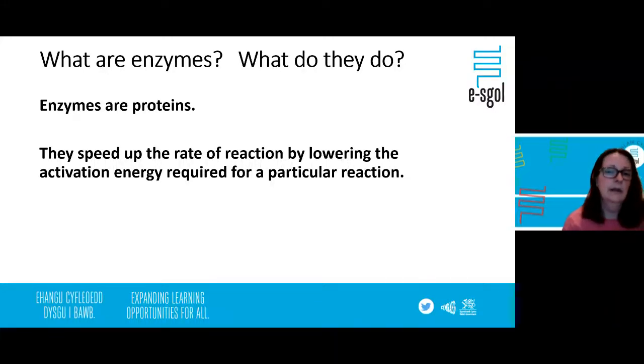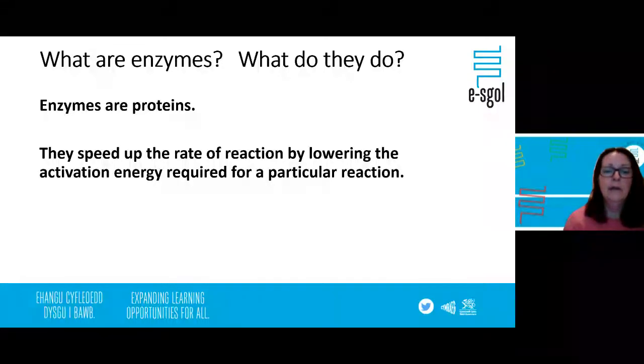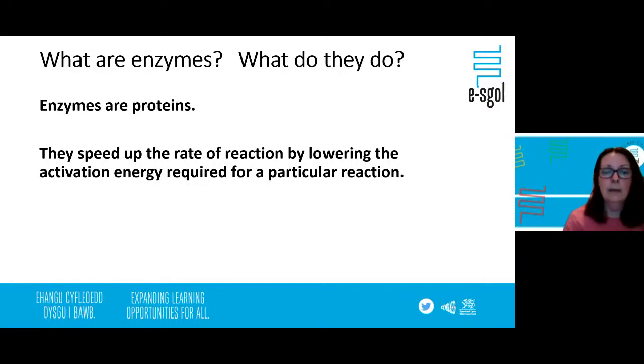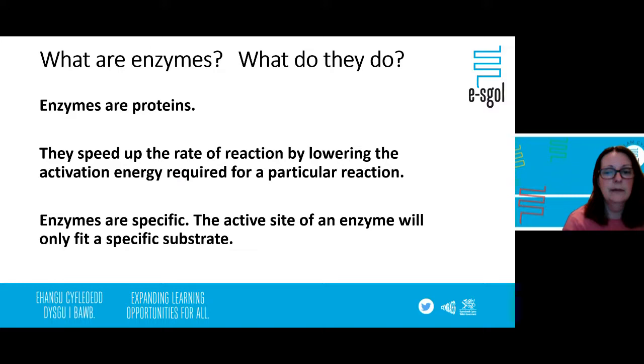And as I said earlier, it's important to remember that reactions would still take place, albeit very, very slowly. So the enzymes speed up that reaction, lowering the activation energy required, so that the reaction can take place very quickly. And enzymes are specific.